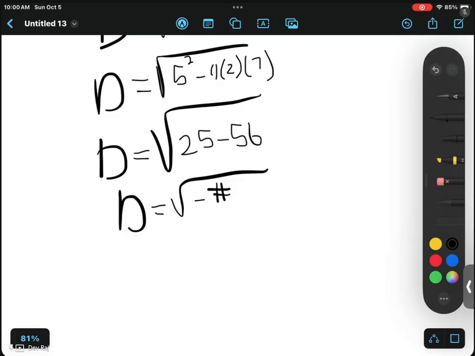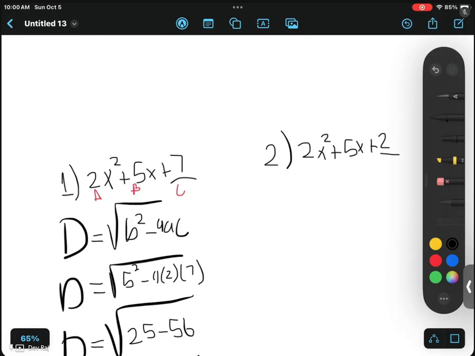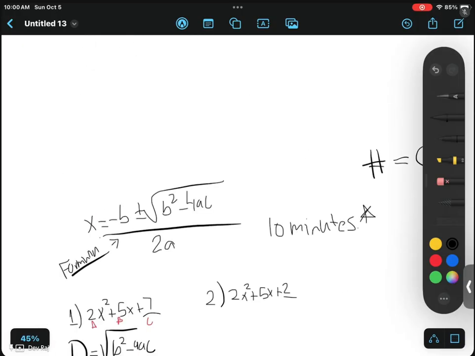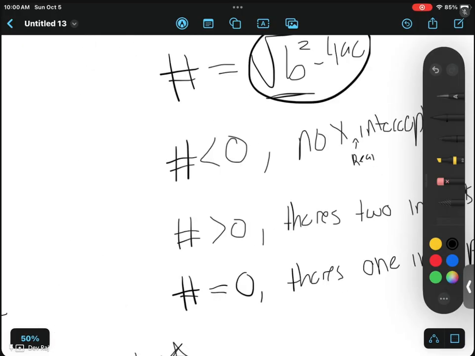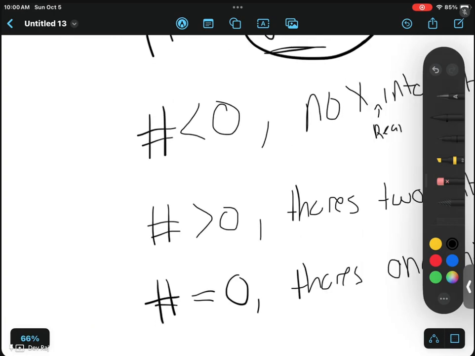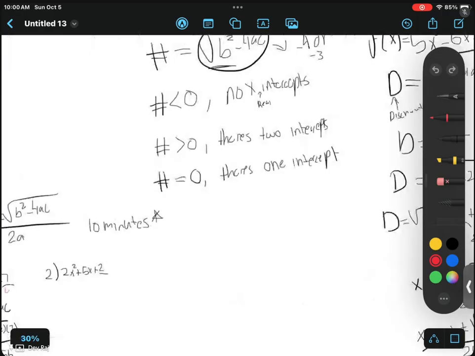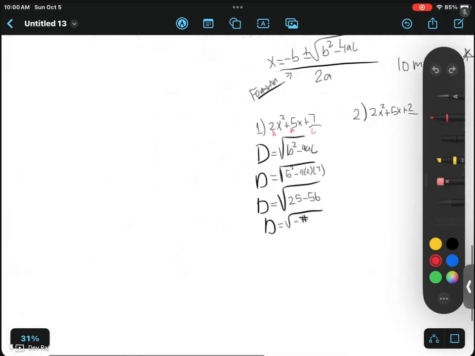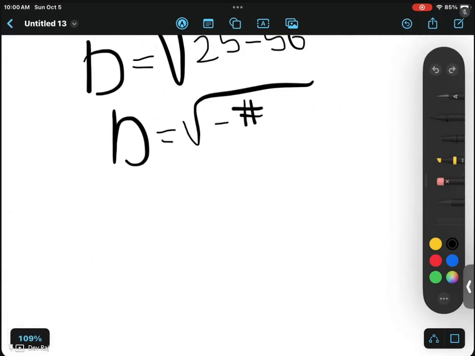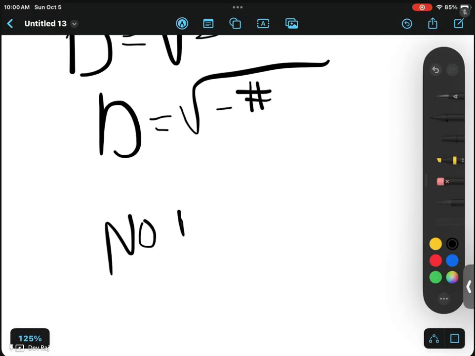Yeah? So if D is a negative number, looking back at our rules, which discriminant rule does this fit into? Negative number is less than 0. So it'd be this one, right? Which means that there's no x-intercepts. So we could just write no real x-intercepts.